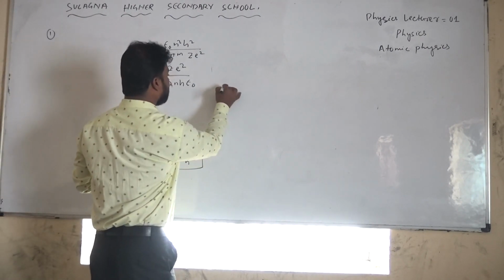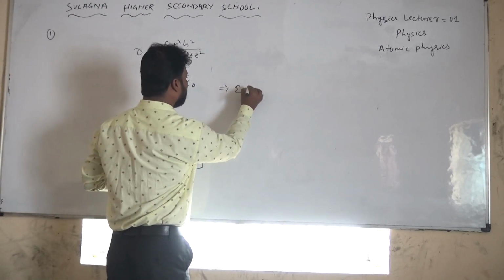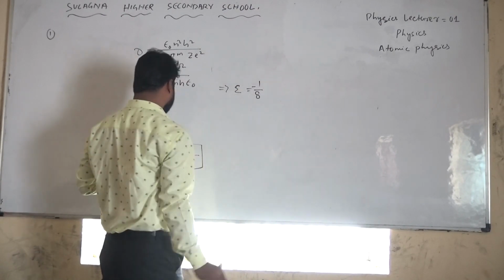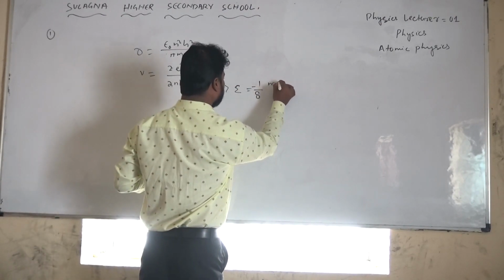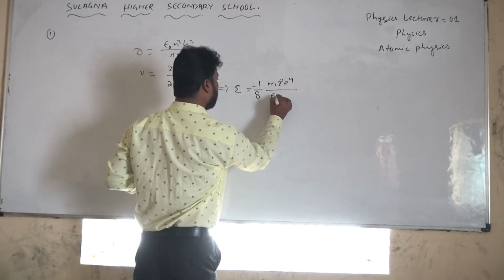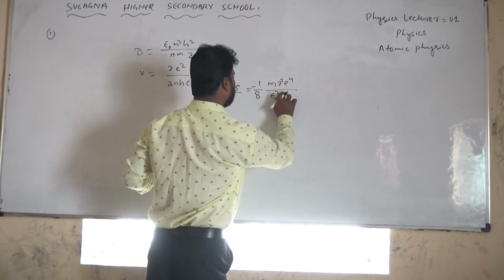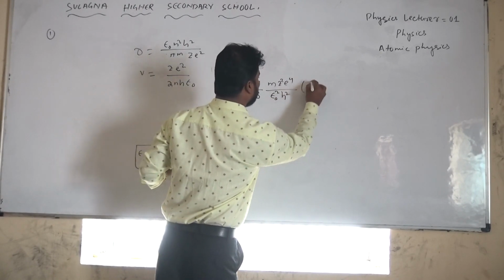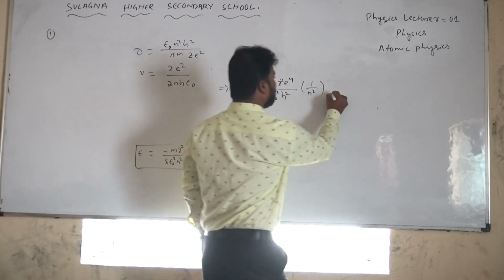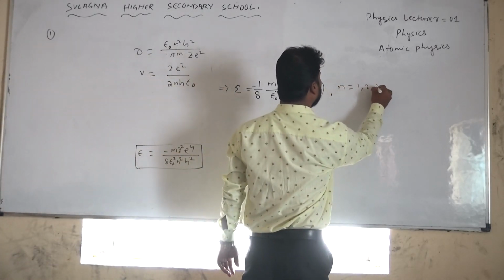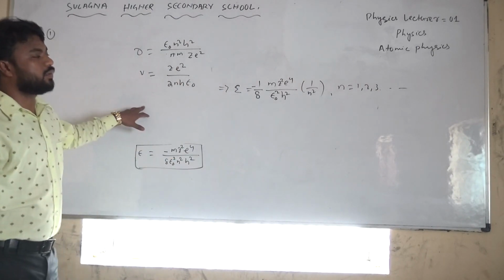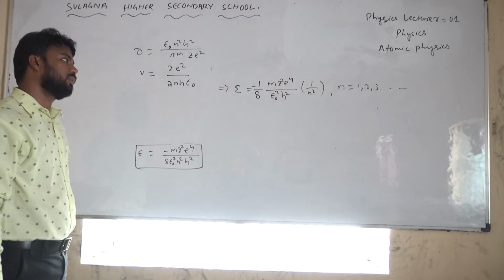So it implies that total energy E equal to minus 1 by 8 m z square e to the 4 by epsilon naught square h square into 1 by n square, where n is equal to 1, 2, 3, the integers, and here n equal to 1, 2, 3, 4 onwards.